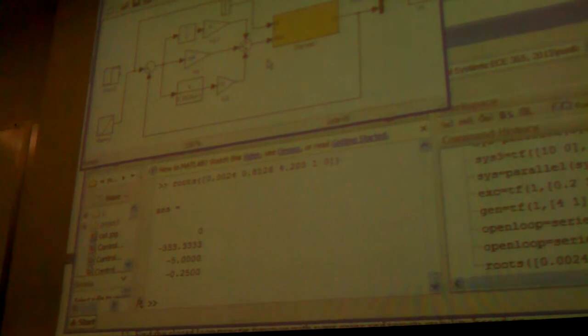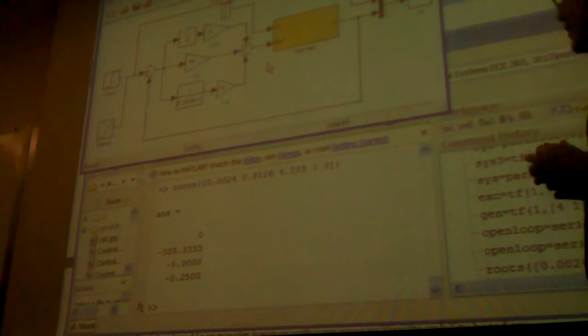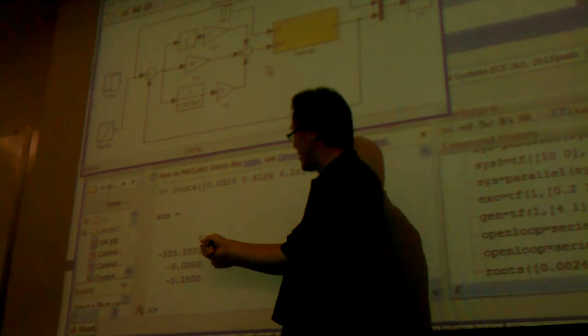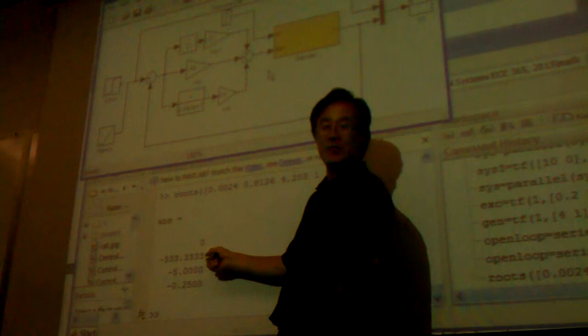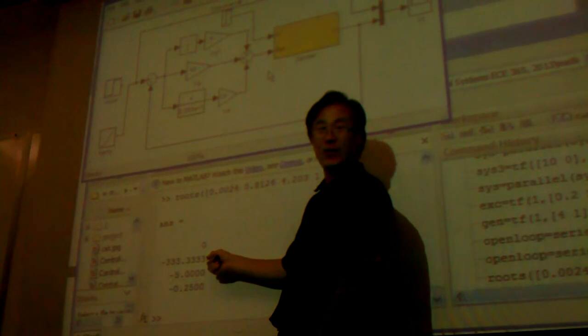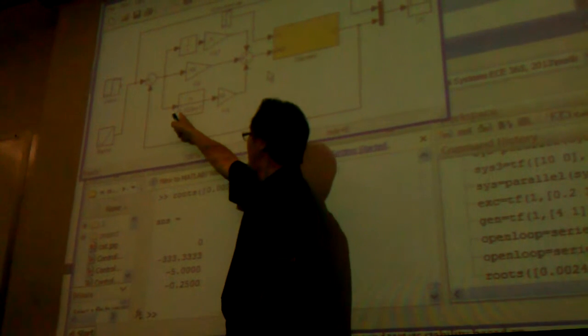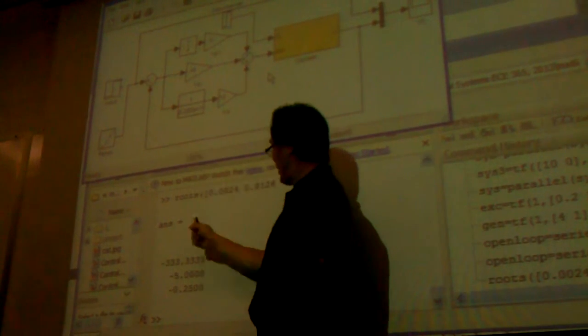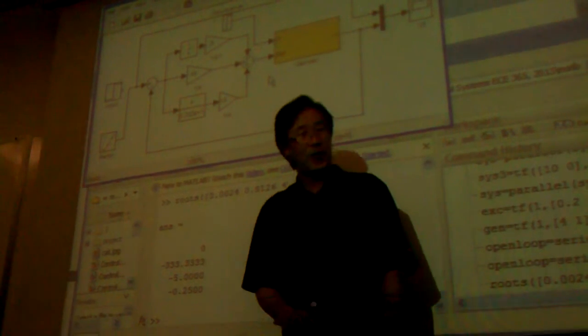That's why I have this, your open loop. Any questions? This is the integrator. This is the derivative term, the filter, right? Local filter, high constant. And this one is the exciter, and this is the generator.